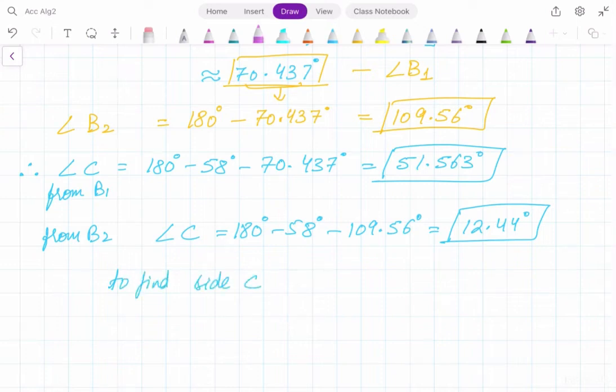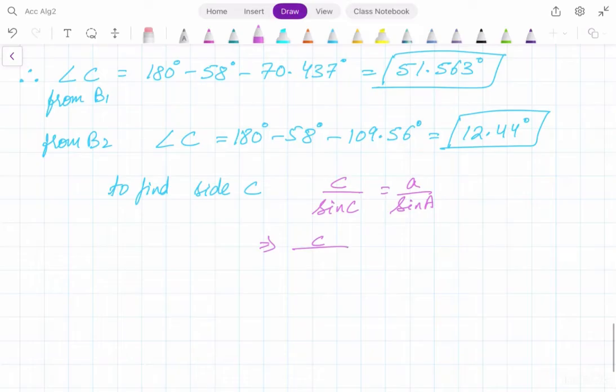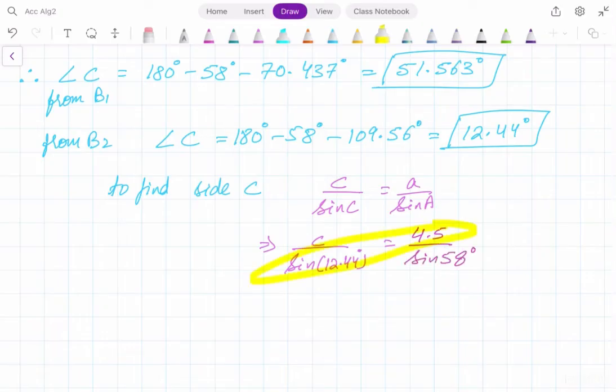Now to find the side c, we are putting the side length in the top. The side length a is 4.5, cross multiply.